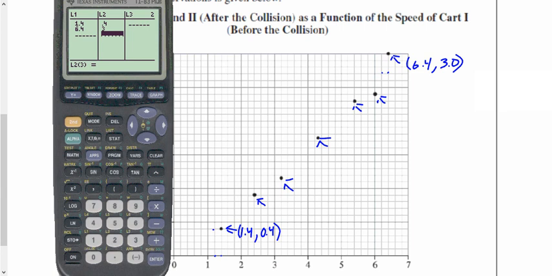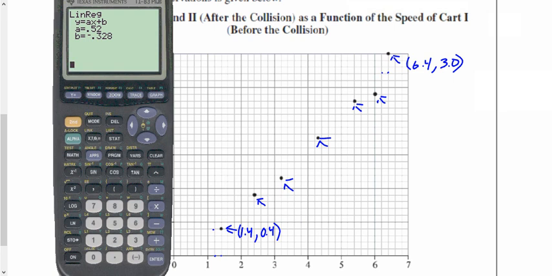Now what I want you to do to find the slope and the y-intercept of this graph is to click Stat again. This time, you're going to scroll over to the second tab, which says Calc. You're going to scroll down to the fourth option, which says Linear Regression, LinReg. Click it. Now on a TI-83, you're going to have to click it a couple times. On a TI-84, you're going to have to click it 3 or 4 times. Click Enter.